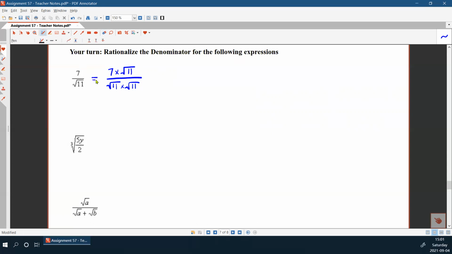Okay, so the original number is equivalent to the number here, right? And the denominator is 11, and the numerator becomes 7 times square root of 11. And the denominator has been rationalized.